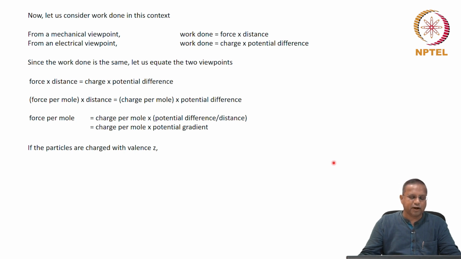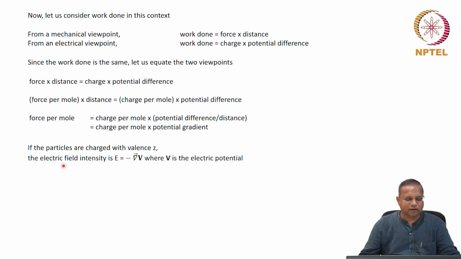Now, if the particles are charged with a valence Z, it has a valency of Z, and the electric field intensity is given as minus del of V, where V is the electric potential, this we have already seen.